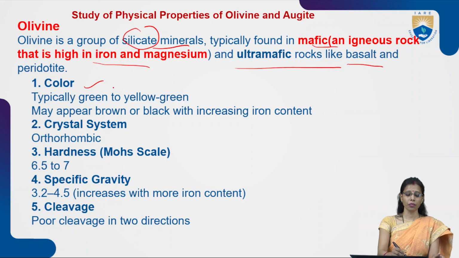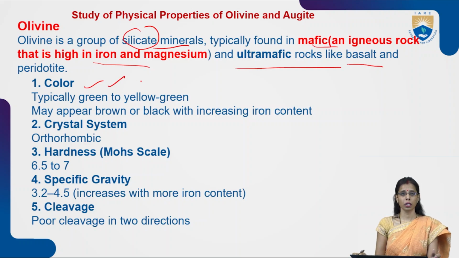If you see what type of color it comes in, typically it is green and yellow green. So green or yellow green is the color where we find this olivine in mafic rocks.